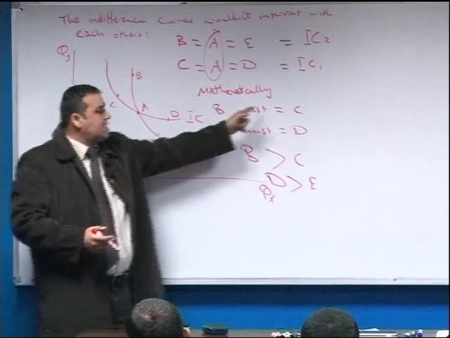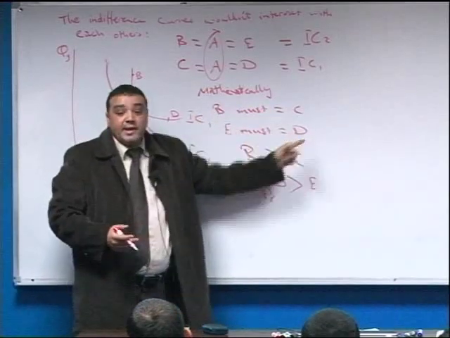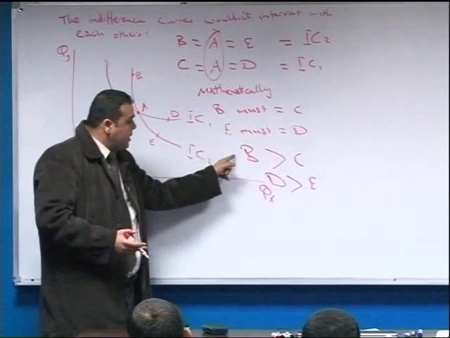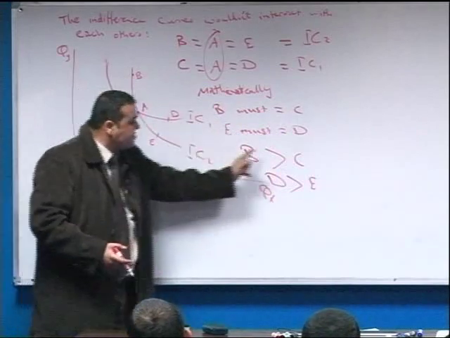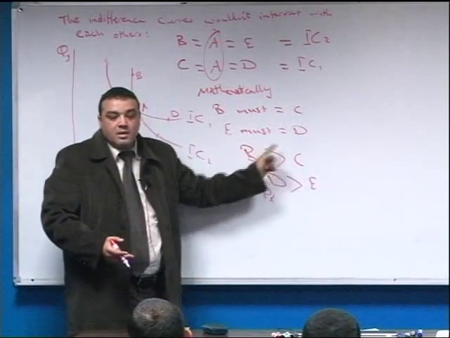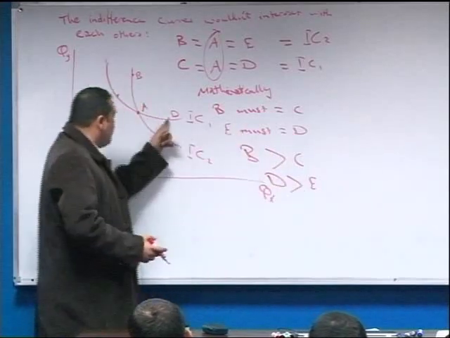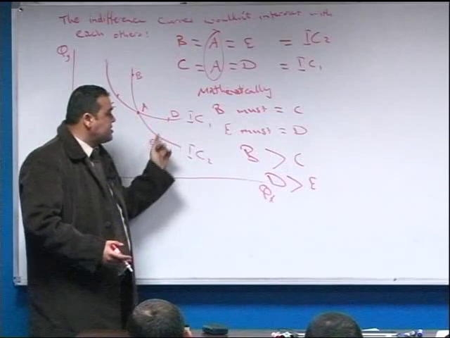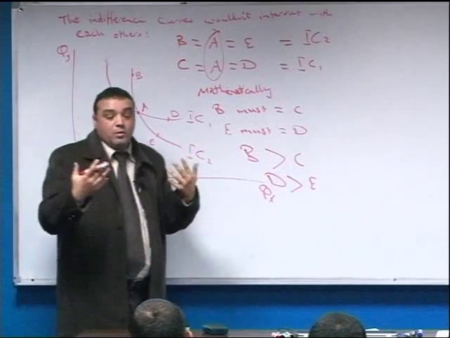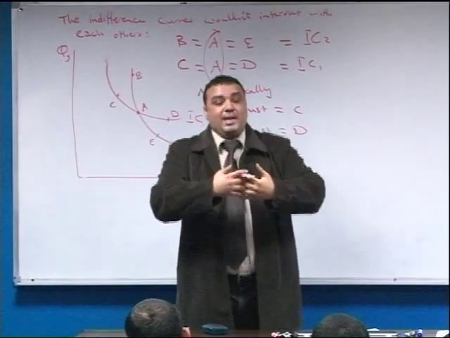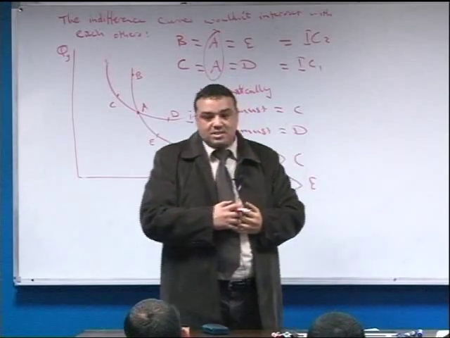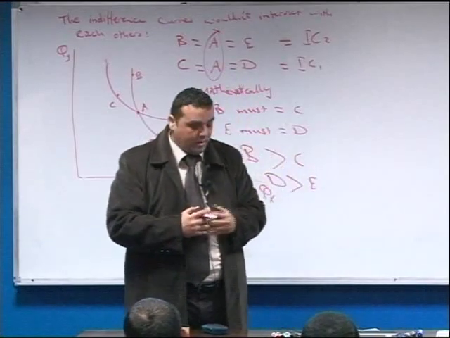Mathematically, B must equal C, E must equal D. Economically, B is larger than C because it gives the consumer larger utility. D is larger than E, and in this case it gives the consumer larger utility. So we reach illogical results. Right? Okay.